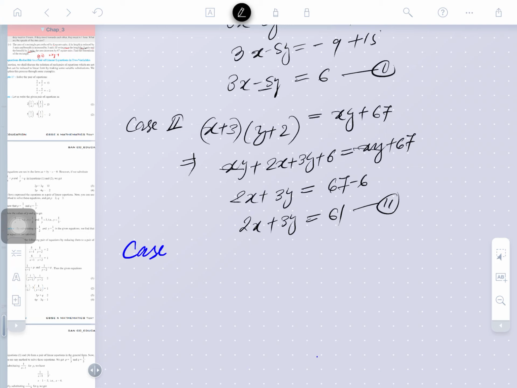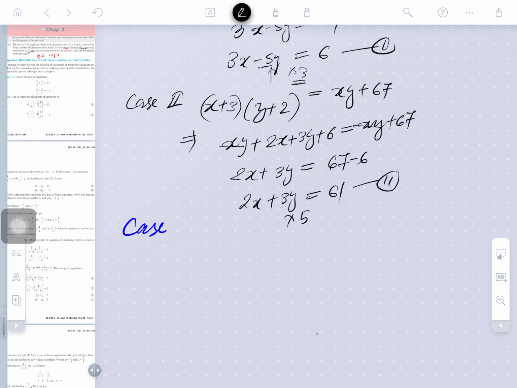Now this is negative, this is positive, so why will we eliminate y? It is multiplied by 3, so it becomes 15. It is multiplied by 5, so it becomes 15.